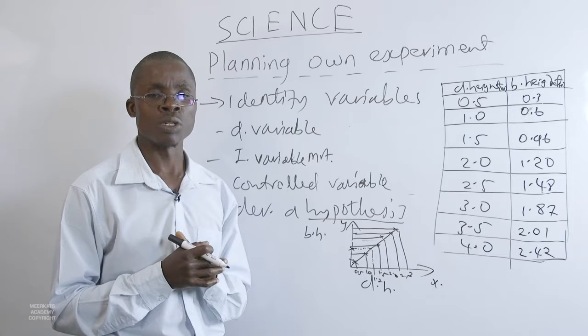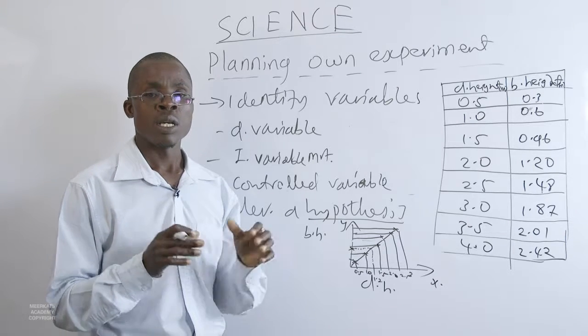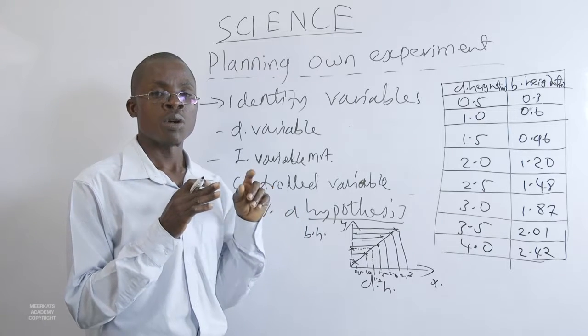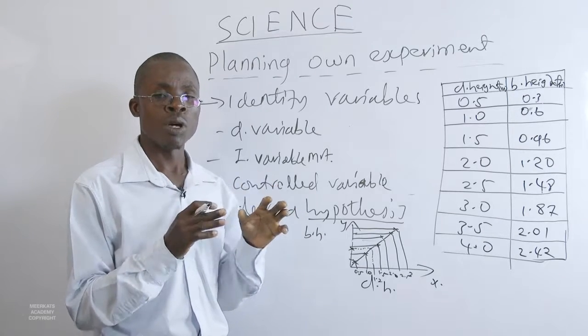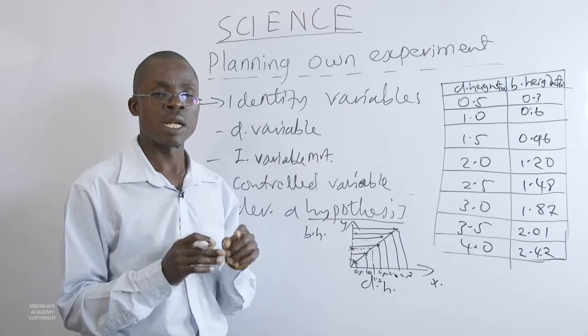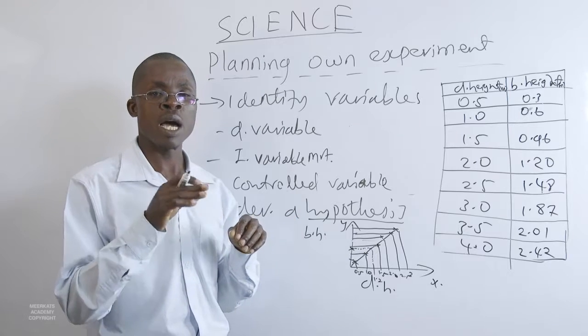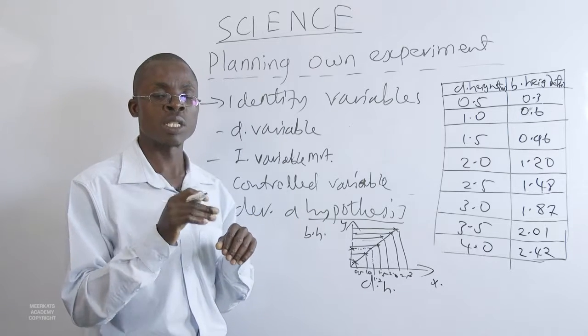Let's look at that conclusion. The height of the dropping tennis ball has a direct relation or correlation with the bouncing height of the tennis ball.